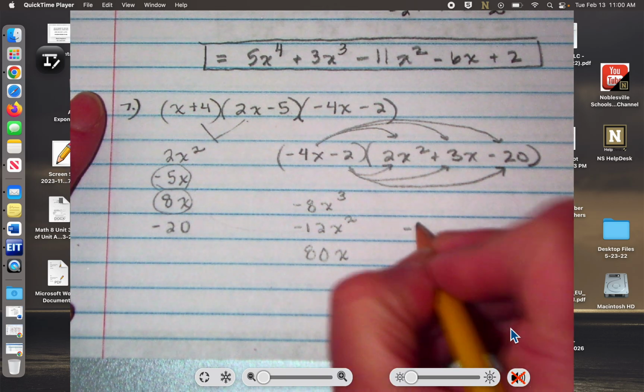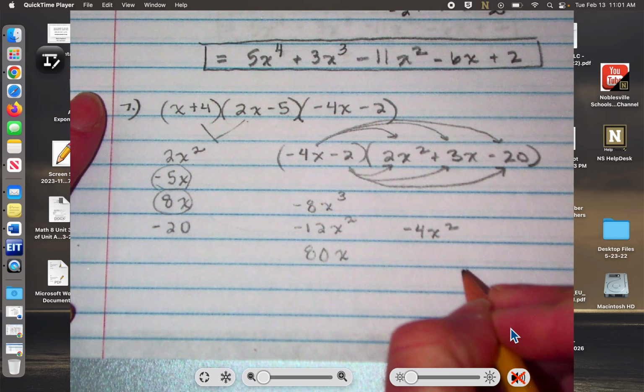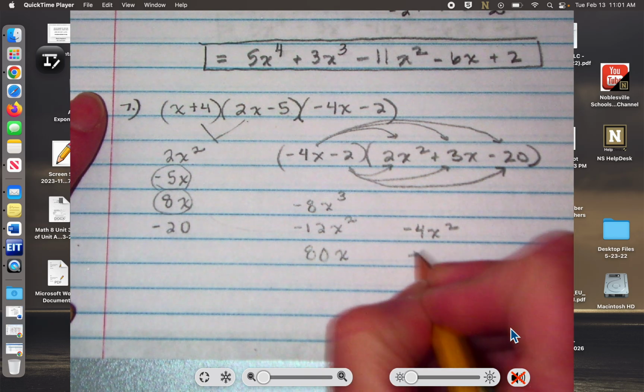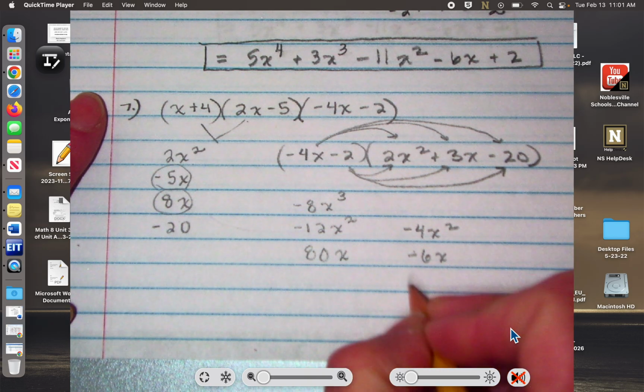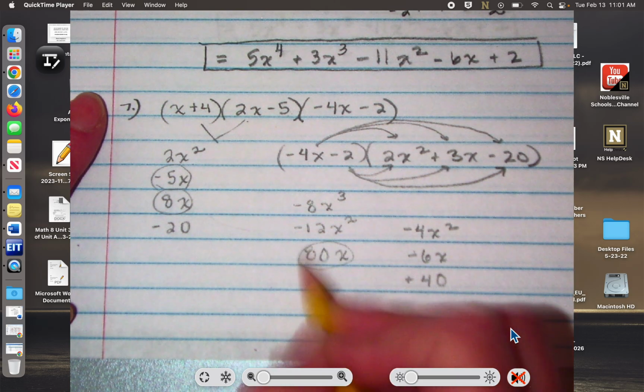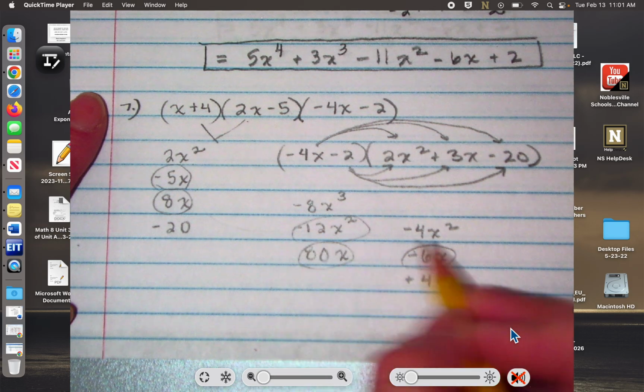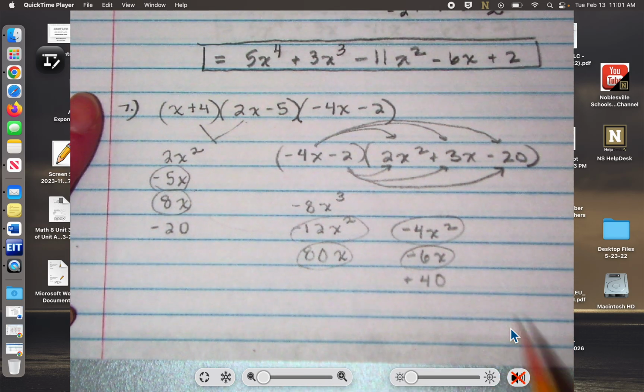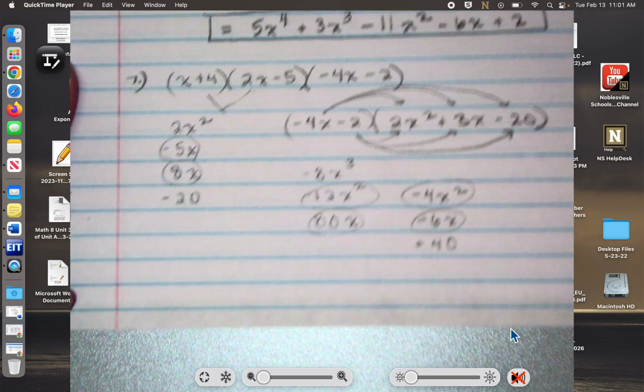Then I'll have negative 4x squared, negative 6x, and positive 40. So these can be combined, right? Because they have the same variable and they have the same degree.